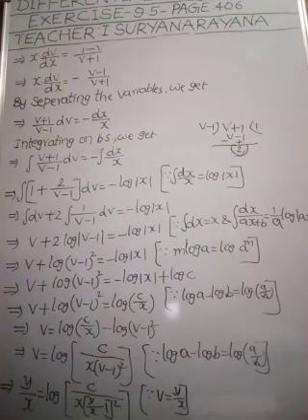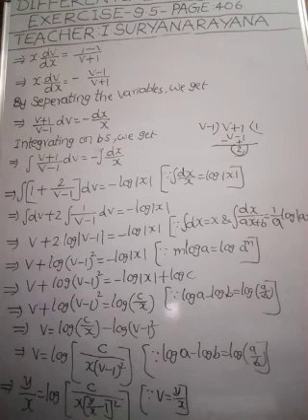From question number 1 to 9, we follow the same steps. We follow the same procedure except question number 10. For question number 10, the differential equation should be written in the form of dx by dy is equal to f of x comma y. Only a small difference. Up to question number 9, we write the differential equations in the form of dy by dx is equal to f of x comma y, and we proceed.